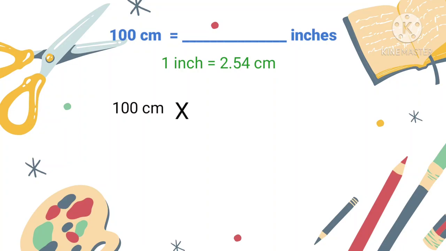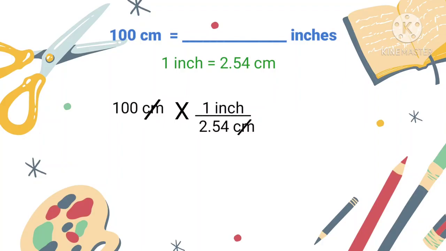We will use multiplication as the operator. Since we are searching for the value of inches, we are going to put 1 inch as numerator and its equivalent in centimeters as denominator. Then, we will cancel out centimeter. And let's proceed to multiplication.